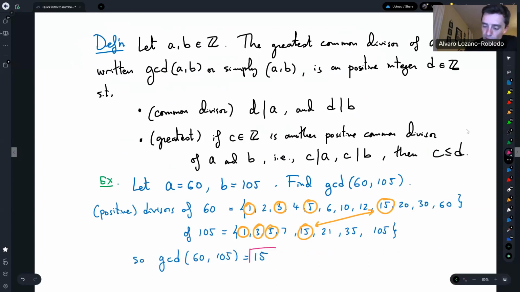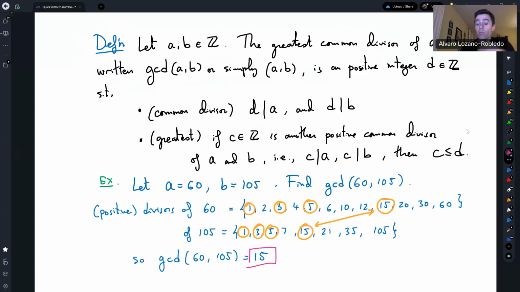But again, this is a pretty bad algorithm. So what can we do? For one, we can accelerate this if we know the prime factorization of 60 and of 105. We can find all the divisors a lot quicker, and also the GCD a lot quicker.